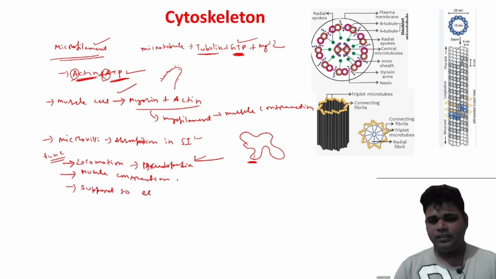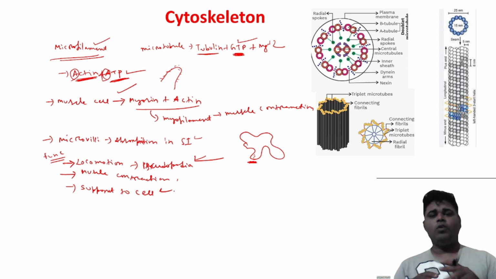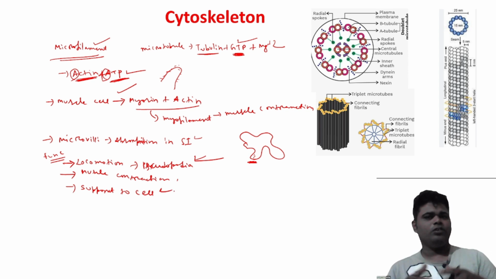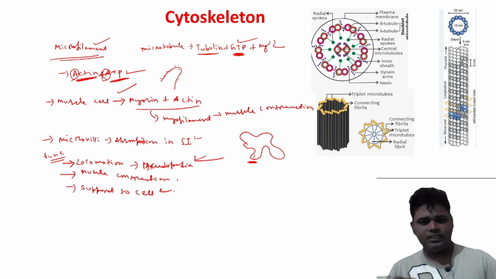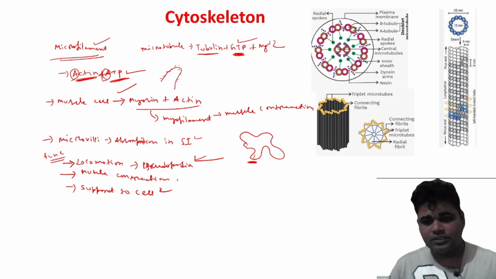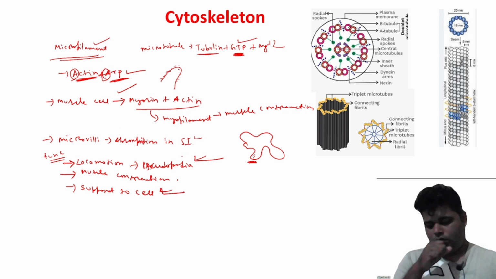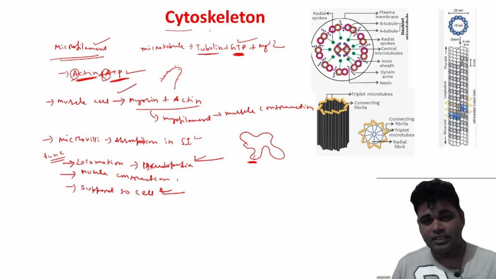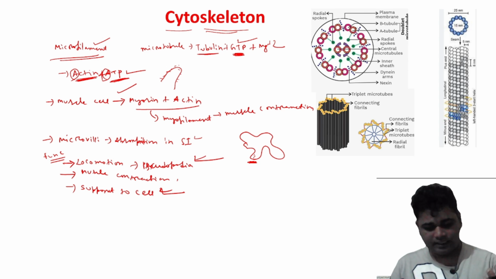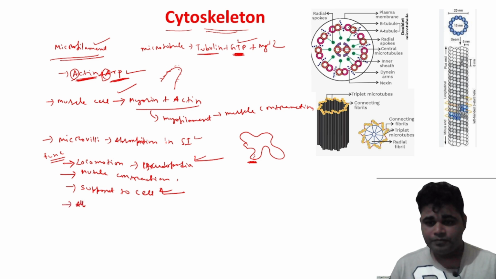Third one is it helps in the support to the cell. So remember please, all the cytoskeleton, that means microtubule, microfilament, intermediate filament, their main function is the support to the cell. That's why the name is the cytoskeleton. The skeleton is for providing the support to the cell. So now it also allows the intracellular movement.